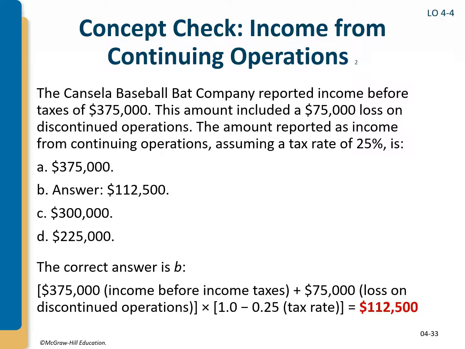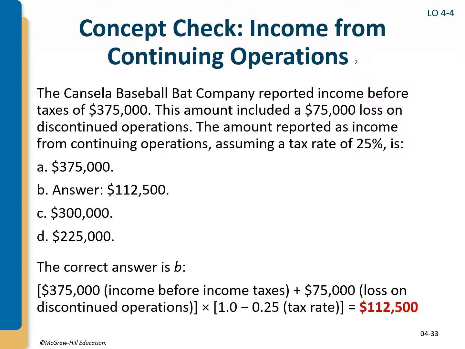Hold on one second. Something's not sounding right there. From continuing, yeah. 375 plus 75 times 0.75. Now, the amount of tax. So that slide is a little wrong.